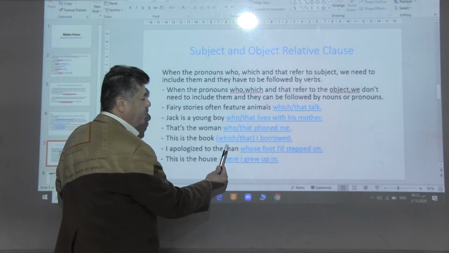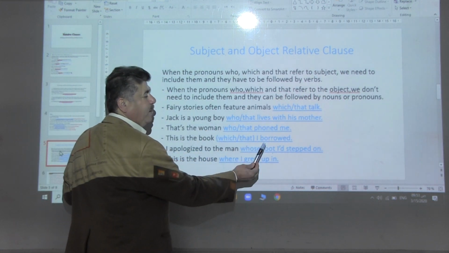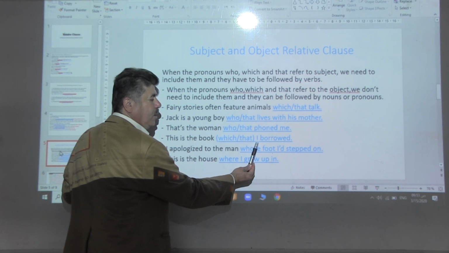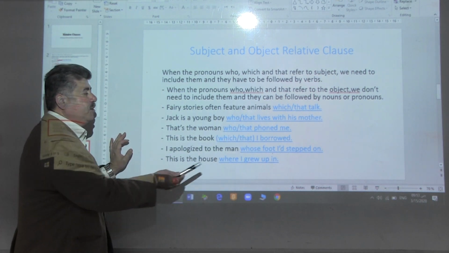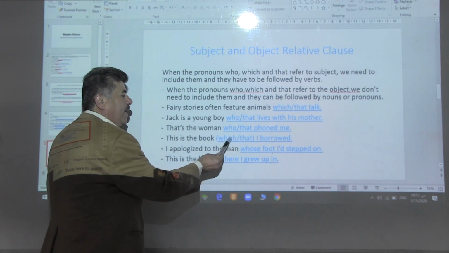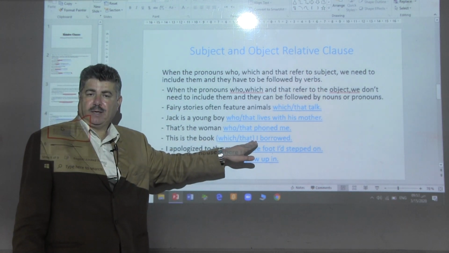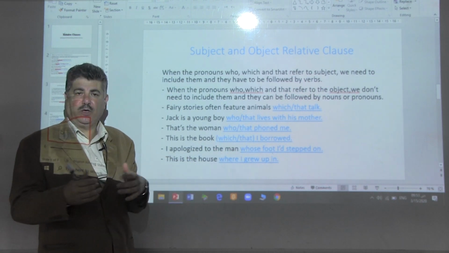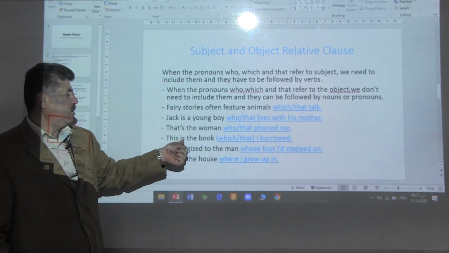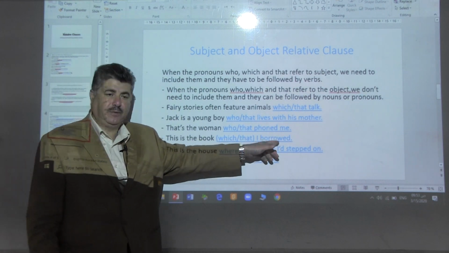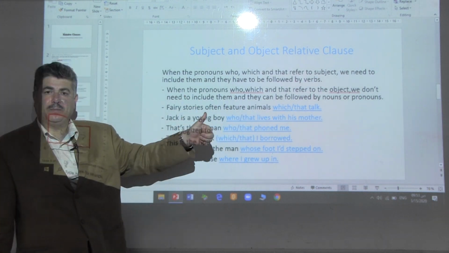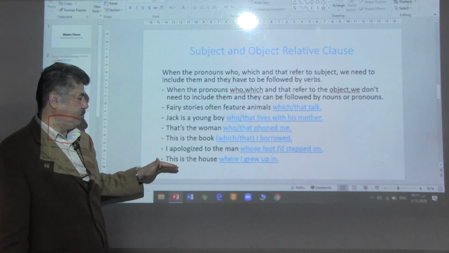So how do we know? If which or that is followed by a noun or by a pronoun, we are talking about an object. In this case, I can leave out the relative pronoun. That's why I put them between brackets. I can cancel them. I can take them out. So we can say, this is the book I borrowed. The sentence is complete and it gives a complete thought.